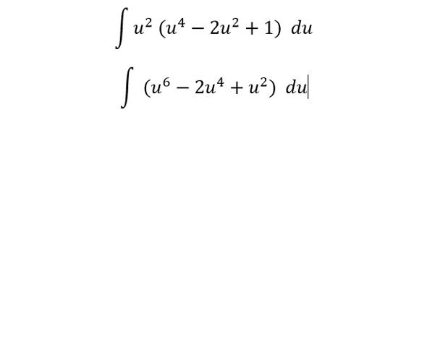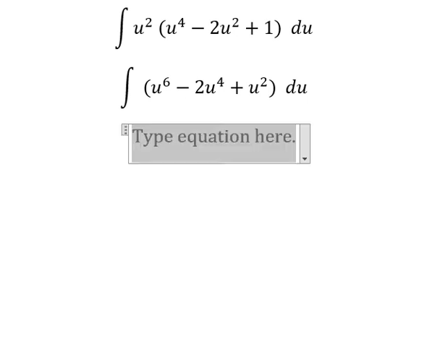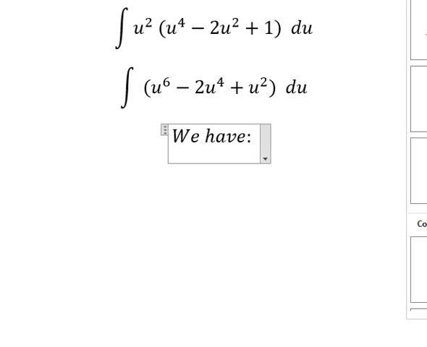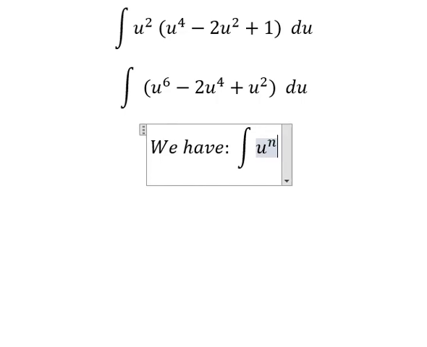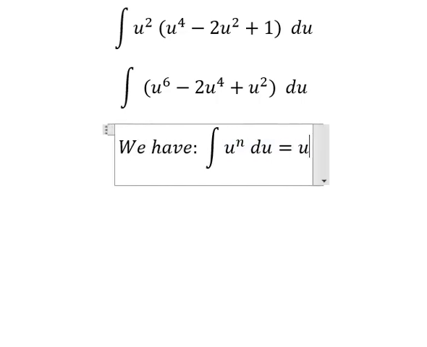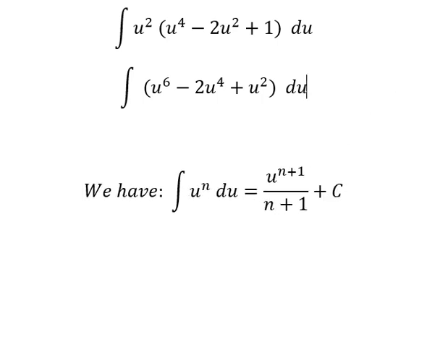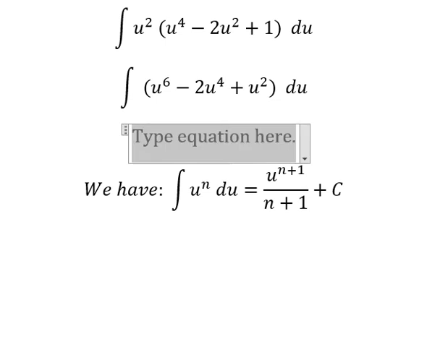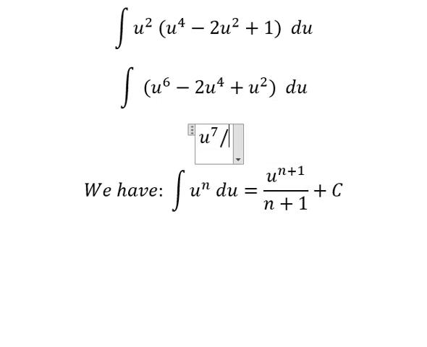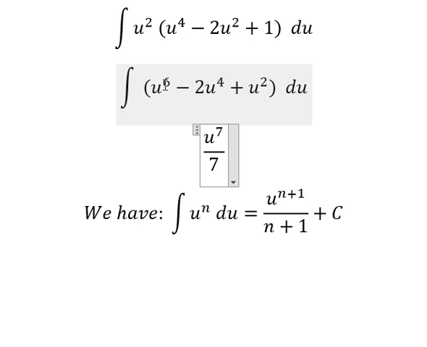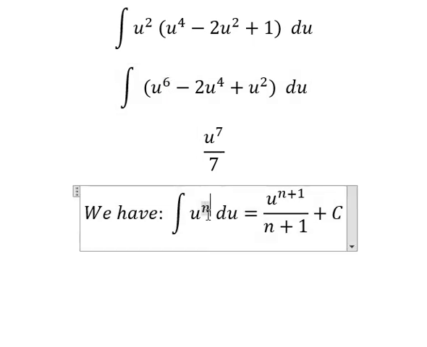Next, we have the formula in here. The integration of this one, we have u to the power of 7 over 7, because I will put number 6 in here. 6 plus 1, we have number 7 on the power, and the denominator we have number 7 in here.